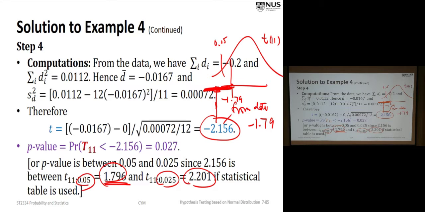All right? So, in other words, the probability of the test statistic, which is a t distribution with 11 degrees of freedom, being bigger than 2.156 is the same as the probability of t11 less than minus 2.156. Am I right? Just draw the picture. This is the t distribution, symmetric about 0.